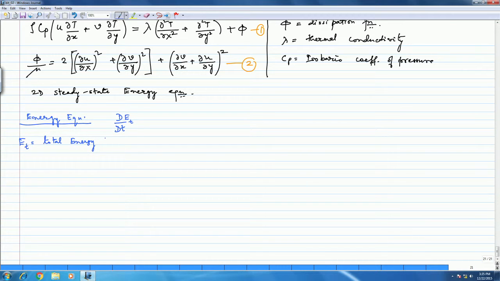So the symbol capital E stands for energy and the small t stands for total, right? So d/dt of E is equal to, that should be simple. You should be able to understand that.